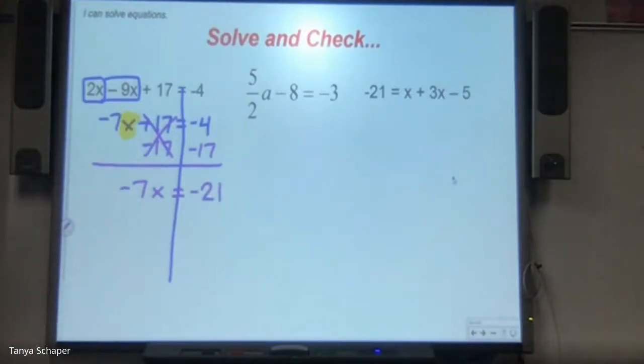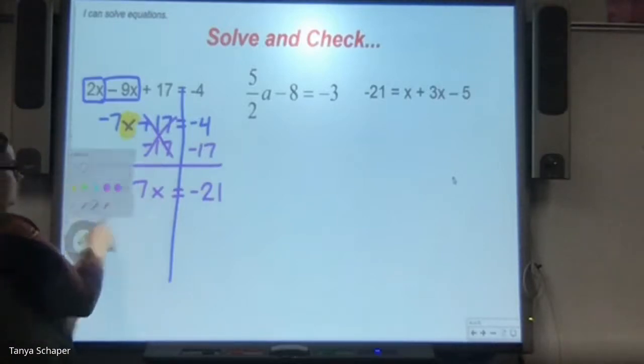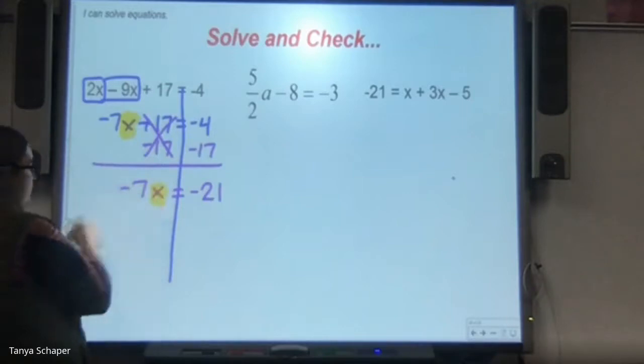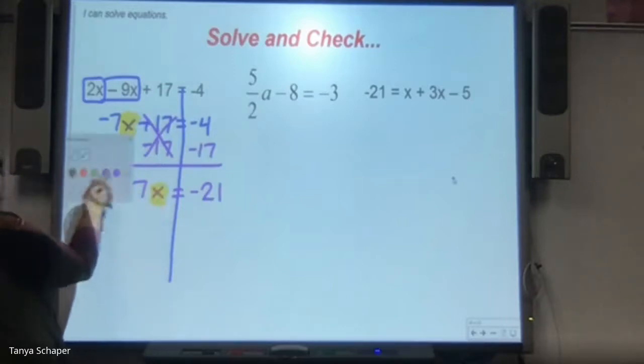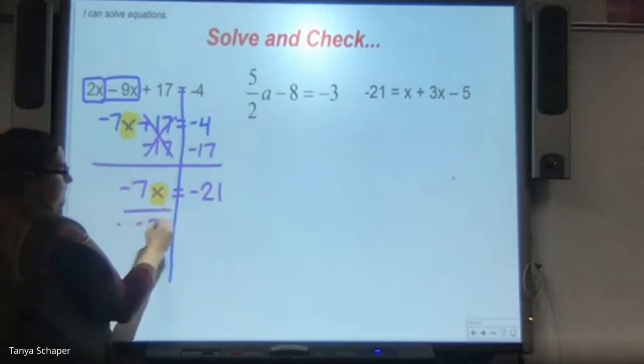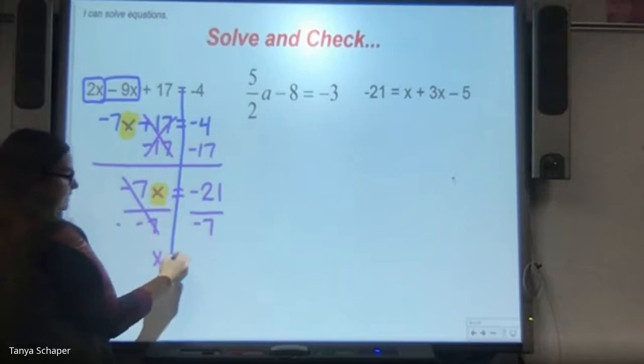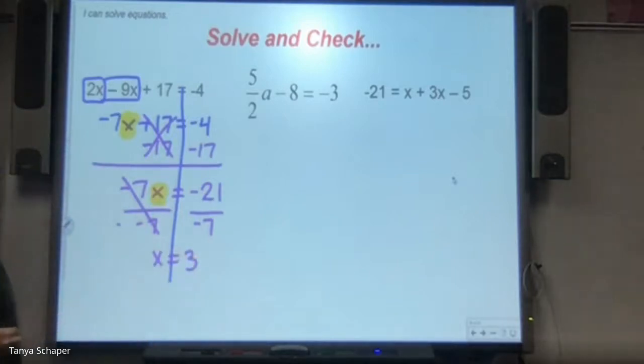Again, if you want to use a calculator, feel free to do that. Now, again, I want to get x by itself. This is what I need to get alone. And so in order to do that, I'm going to divide by negative 7. Both sides divide by negative 7. X equals 3.